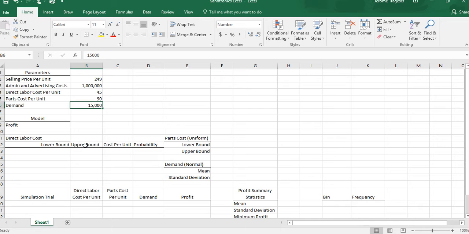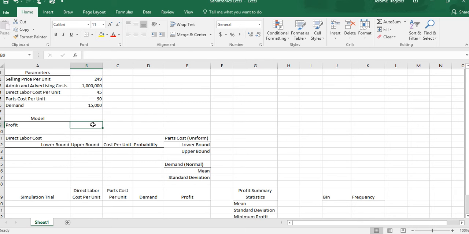So now we want to calculate our profit. This is equation 16.2 in the book. Our profit model is simply our price minus our cost, multiplied by demand. Then we have to subtract the annual administrative and advertising costs.